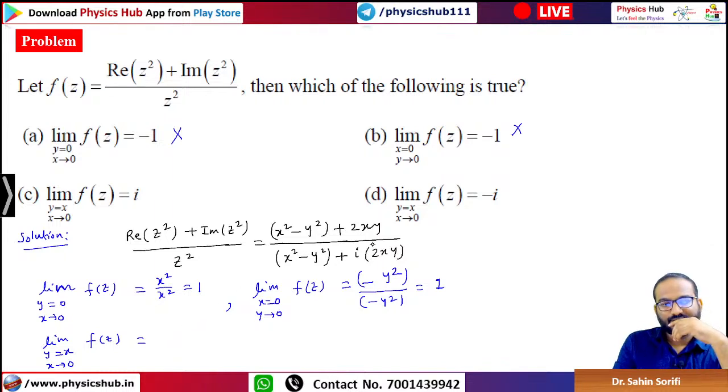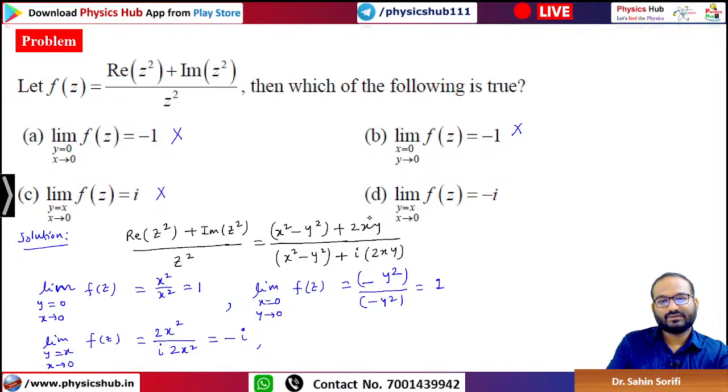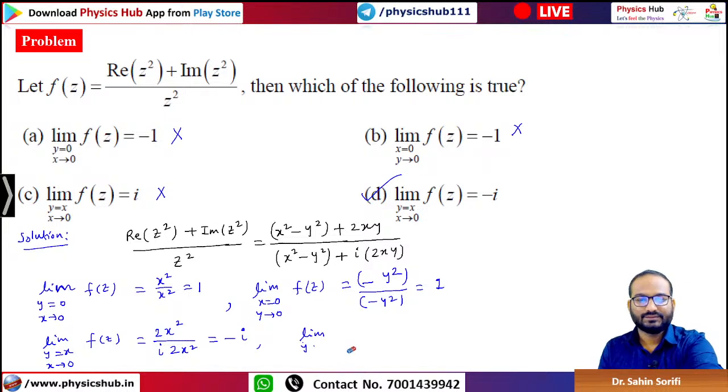So the first term vanishes, and we get 2x squared in the numerator, and in the denominator also i times 2x squared will come. So this is 1 by i. 1 by i means minus i, but here it is plus i, so this is also incorrect. So obviously this other option will be correct. The limit we have checked now gives minus i, so this is the correct option.